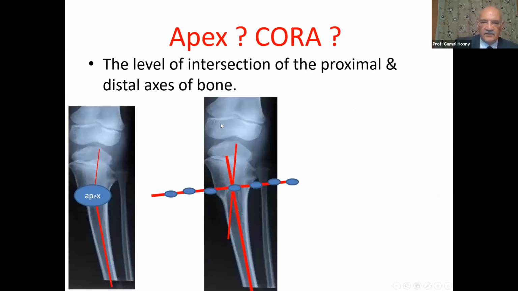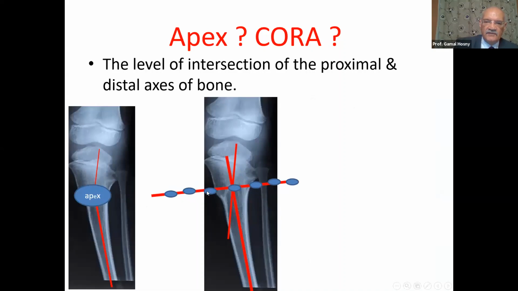Again, as I've told you, the Cora is the intersection of the proximal axis and the distal axis, and they meet each other in the Cora. But the Cora lies along the transverse bisector line. This is the transverse bisector line, which bisects this angle into 2 equal angles.